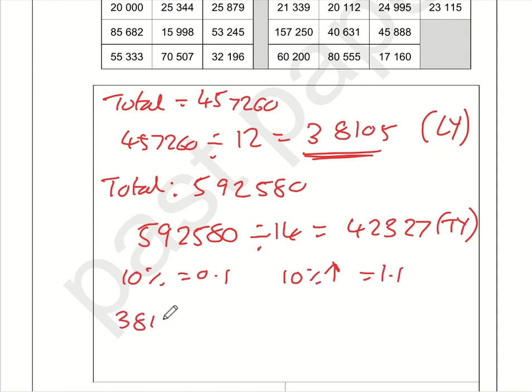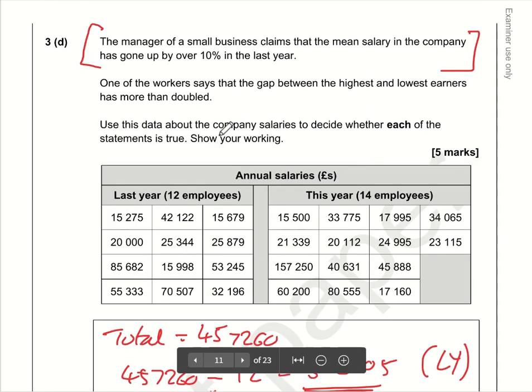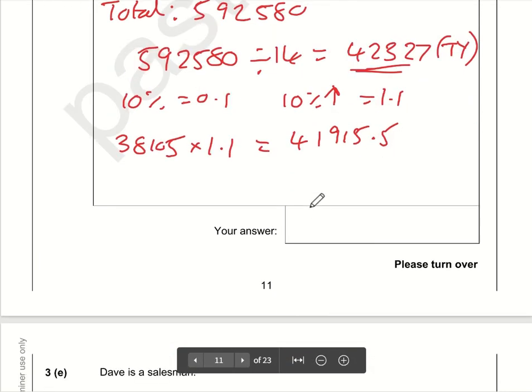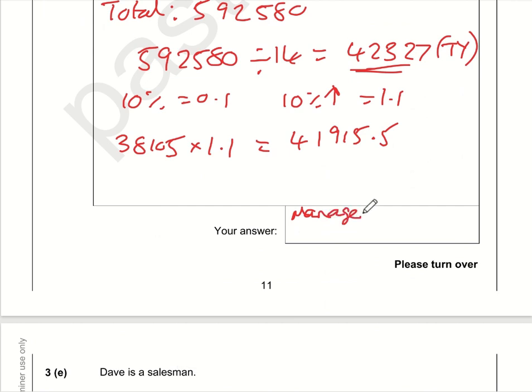So 38105 multiplied by 1.1 comes to 41915.5. So we can see that this has increased by more than 10%. The manager of a small business claims that the mean salary in the company has gone up by over 10%. So we can say the manager is correct.